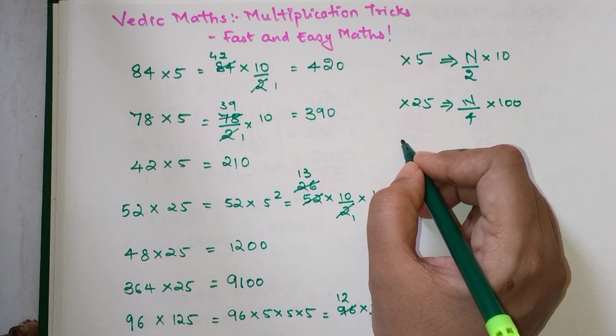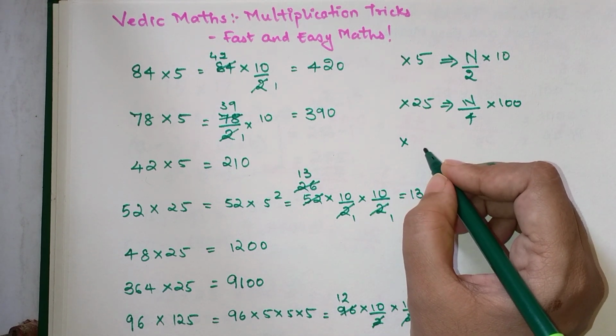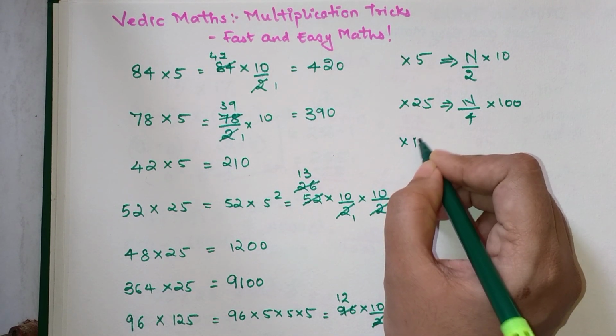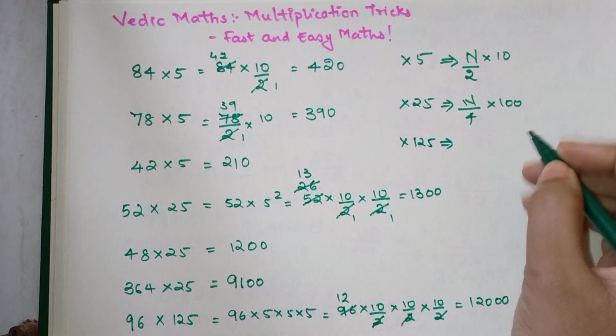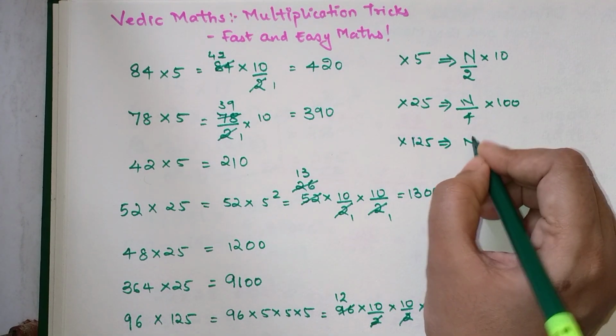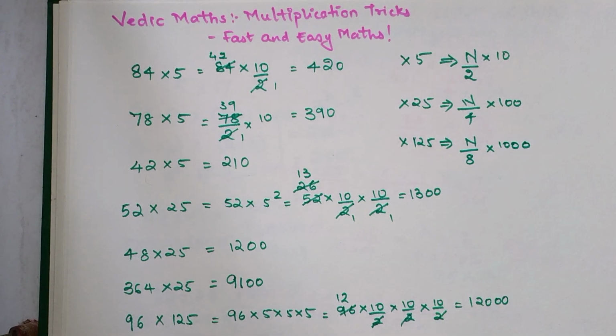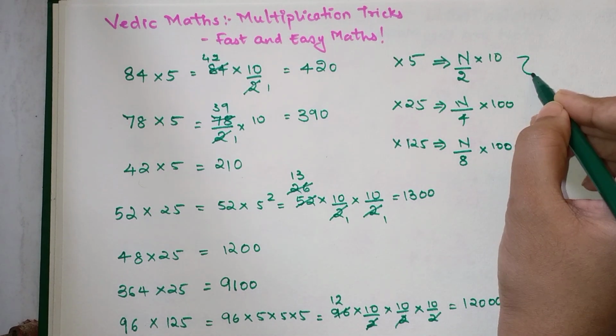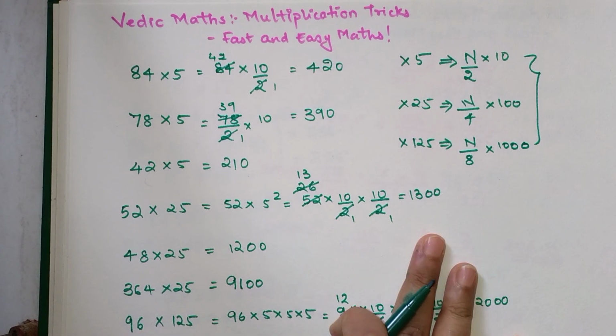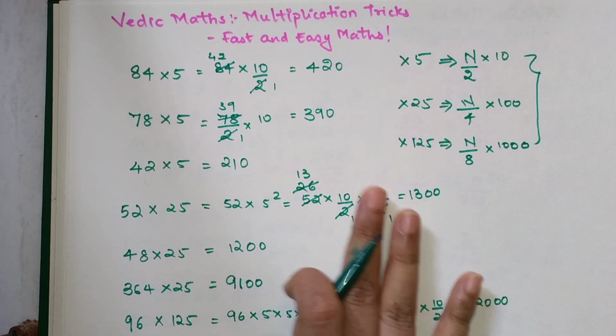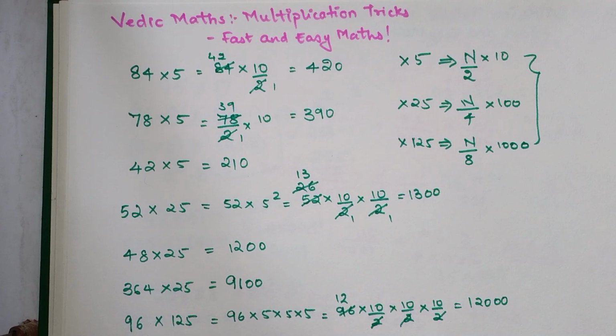Now let's talk about another one. If you have a number which is getting multiplied by 125, you divide the number by 8 and then multiply it with 1000. Simple. These three tricks are really going to help you save a lot of time when it comes to bigger calculations.